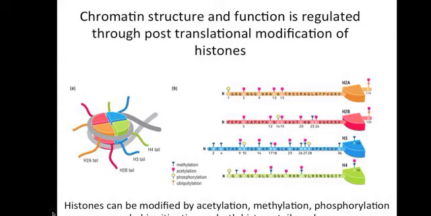DNA sequence is more about regulating which gene is being expressed. It's all part of the big picture of gene expression. But when we're talking about chromatin structure, whether things are open or closed really has to do with where those histones are on your chromatin, and that's very much regulated by post-translational modification of histone tails. Is that satisfying? No.